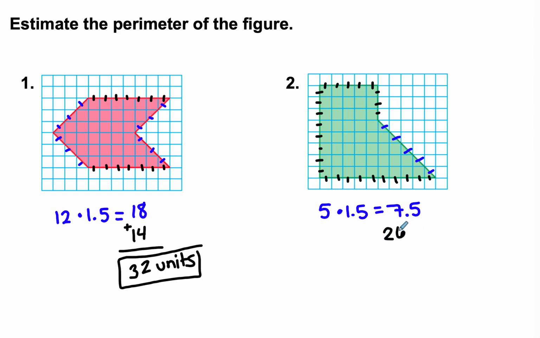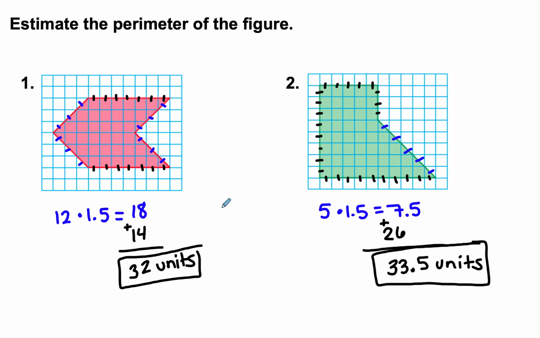So I have 7.5 worth of slanted sides and 26 for my straight sides, so it's going to give me approximately 33.5 units of perimeter.